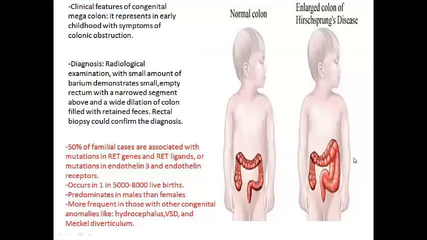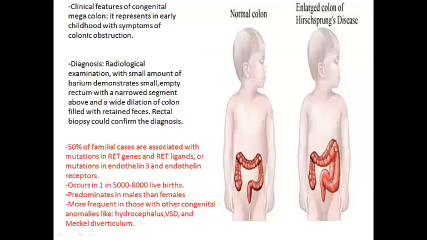On the other hand, you can sometimes use small amounts of barium enema to demonstrate a small empty rectum with a narrowed segment above. This is the narrowed segment above, and this is the large megacolon. You can see that we have wide dilatation of the colon, and this wide dilatation is full of retained feces.